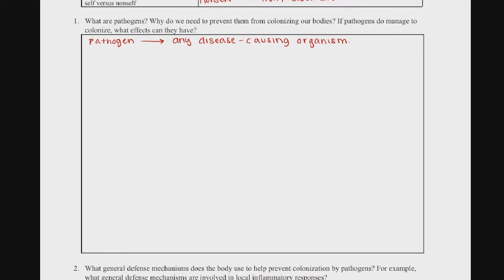Pathogens can include bacteria, viruses, fungi, and protists.